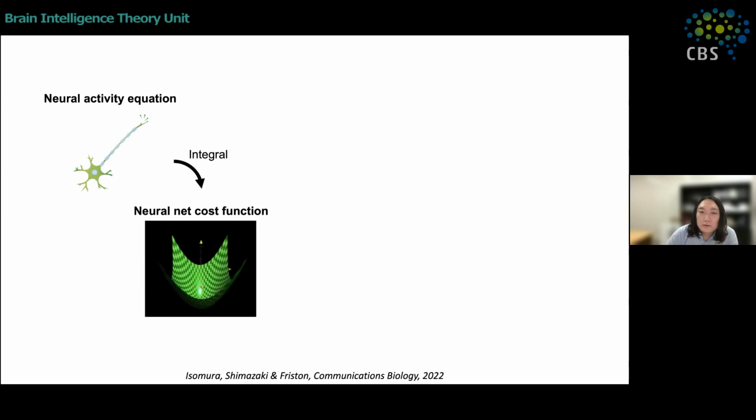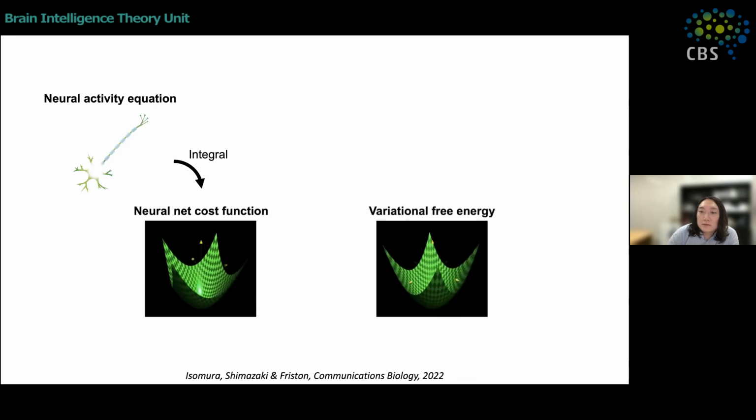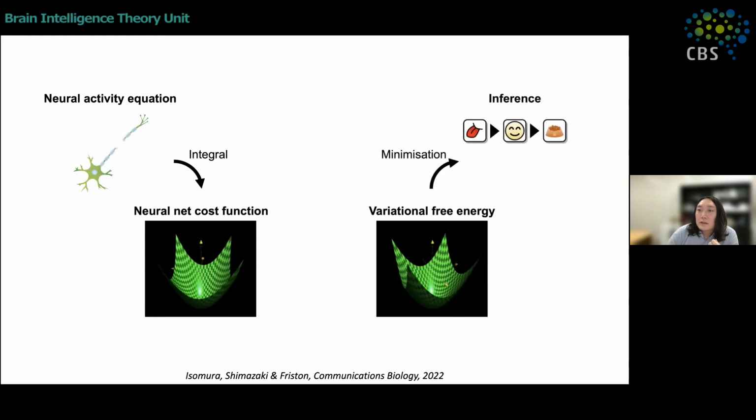On the other hand, for free energy, once we consider the model of the external world, we can derive the free energy function automatically. And minimization of this free energy indicates the optimization of inference.